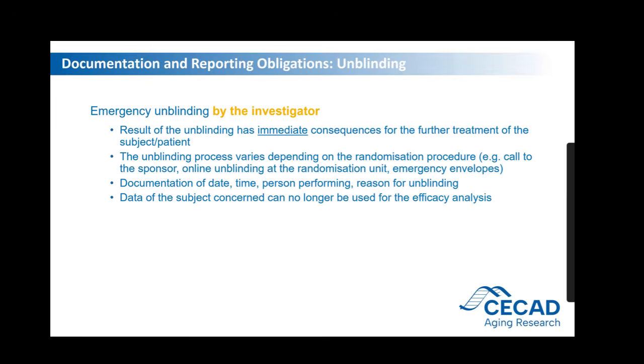You need to document the date, time, and person who has done the unblinding and why unblinding has occurred. And you have to be aware that data of the subject that was unblinded can no longer be used for the efficacy analysis because, of course, the blinding is no longer there.